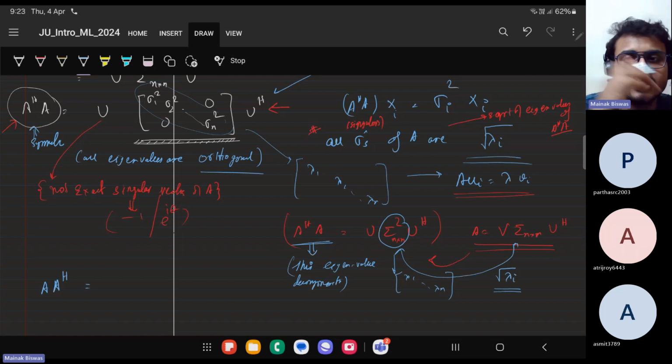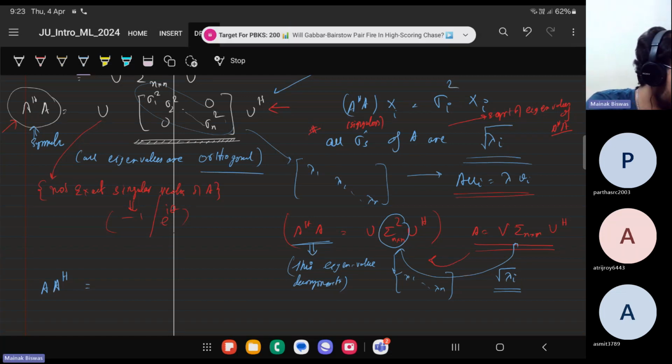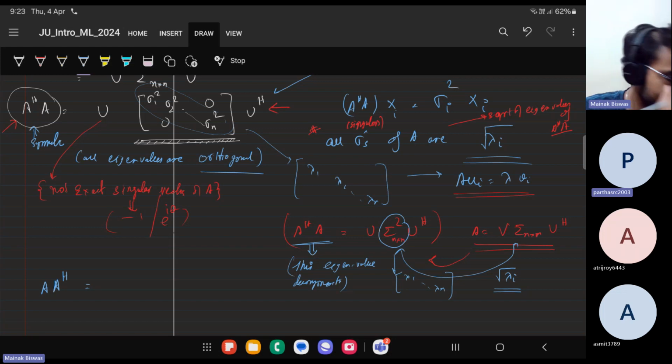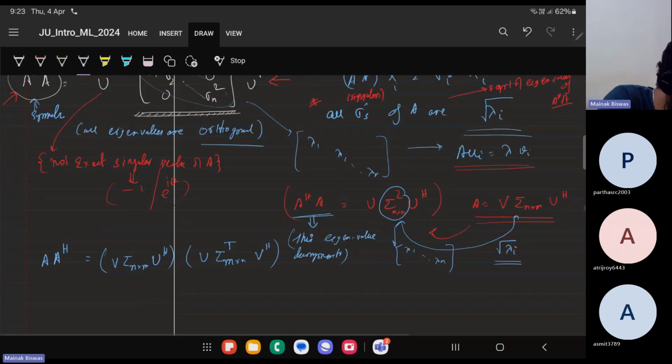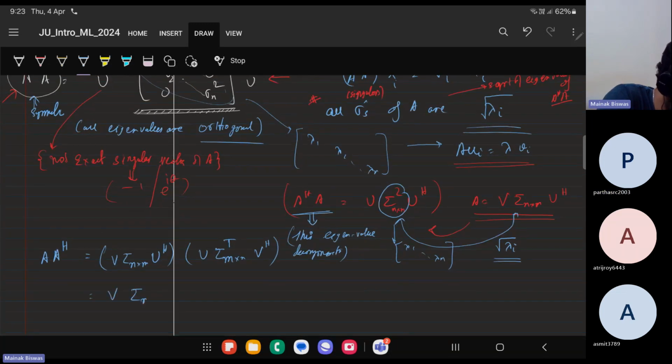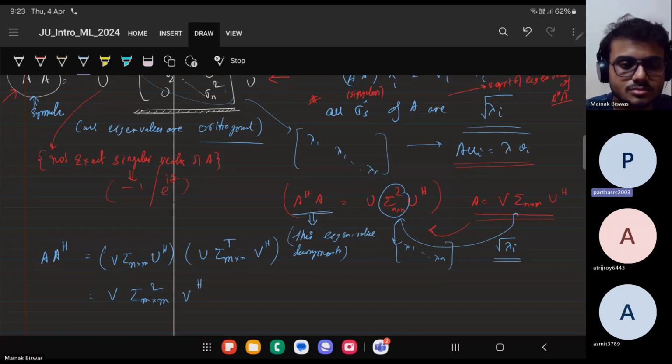What is A A Hermitian then? Just give me the closed form directly if you can. It is V sigma U Hermitian U sigma transpose V Hermitian. Good. So you will have V sigma, m cross m, squared V Hermitian.